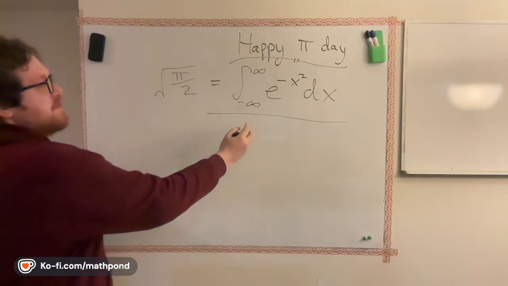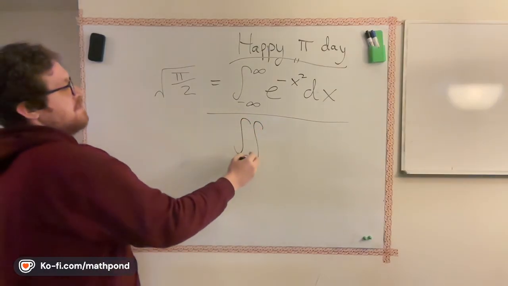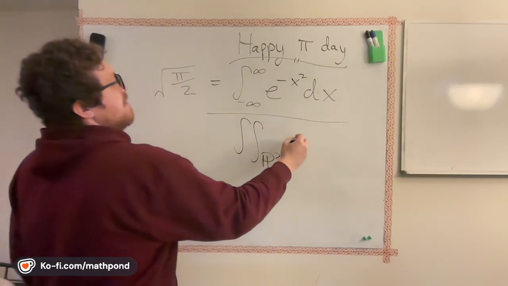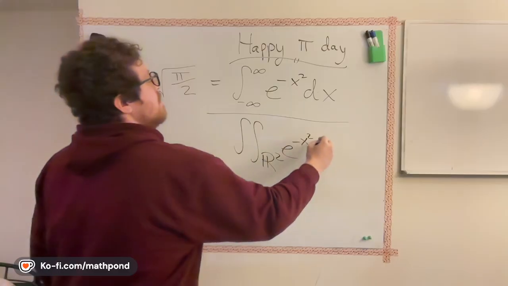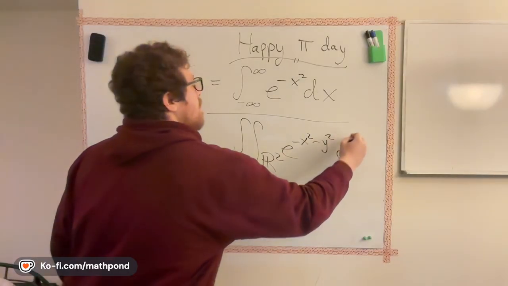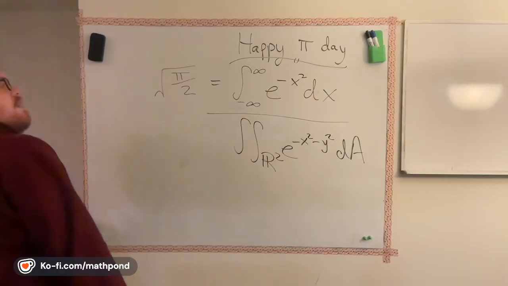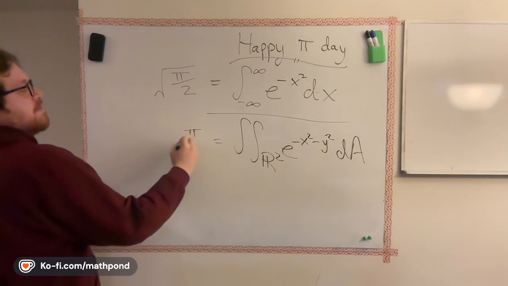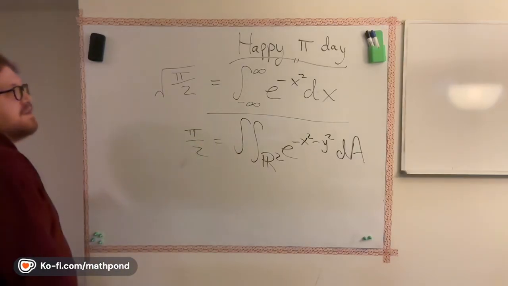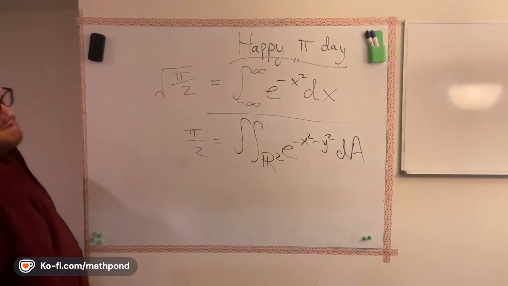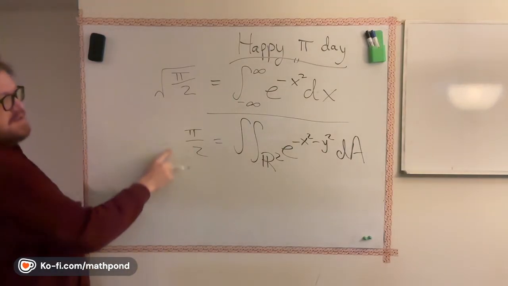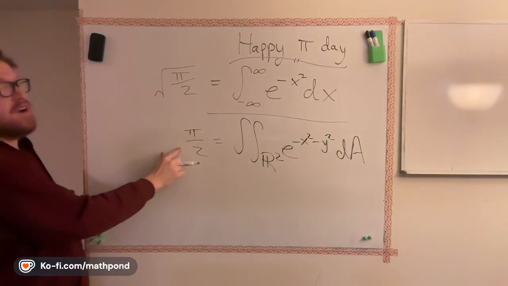There's another integral maybe you're thinking of, which is a double integral over R2 of e to the negative x squared minus y squared. I think that one's just like pi over 2 or something. Or am I getting the over 2 wrong? So this is basically the square of this integral.